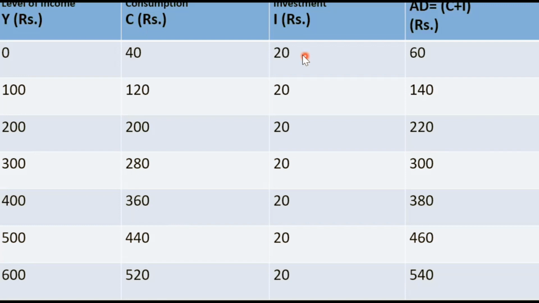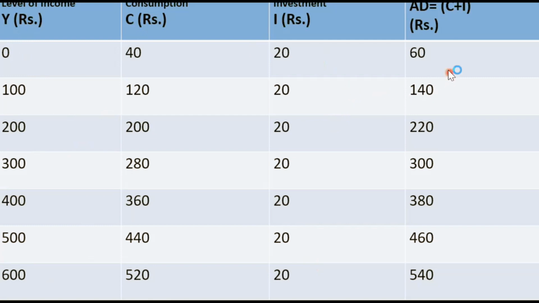And in order to make studying and calculation easier, we assume that investment is autonomous at all levels of income. So that means investment will remain constant, and that is the reason why I have taken 20 as a constant investment even at different levels of income. That means income is increasing, but our investment is remaining constant.